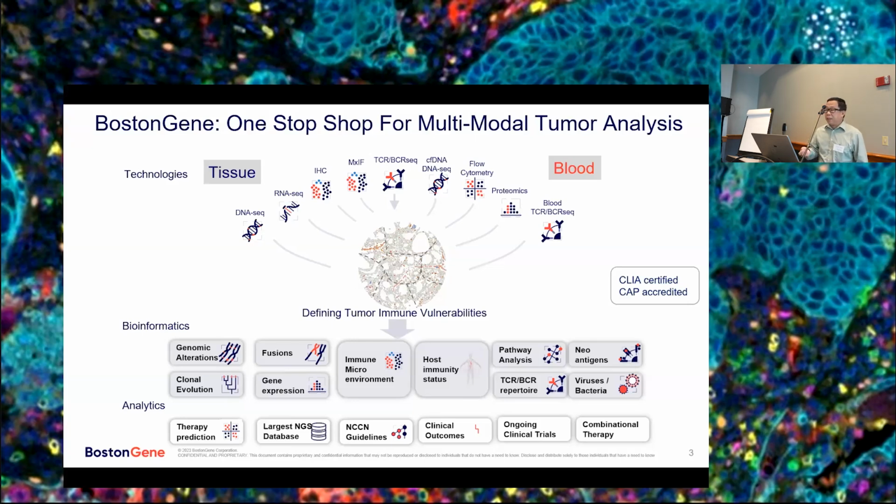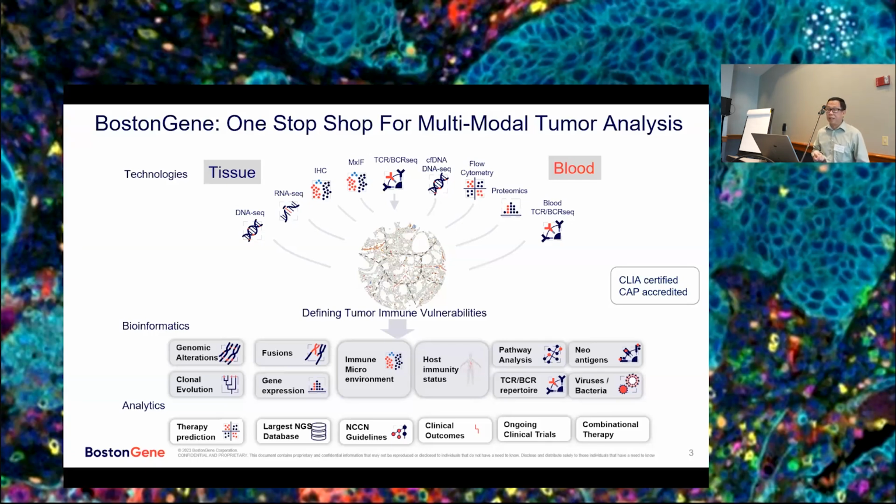So for all these, we can do a little bit listed here: RNA sequencing, DNA sequencing. And also, we can do liquid biopsy, including cfDNA, ctDNA, etc. As you can even see here, we have TCR, BCR repertoire checking. So we have a large team of bioinformaticians that will be able to do all this fancy analysis.